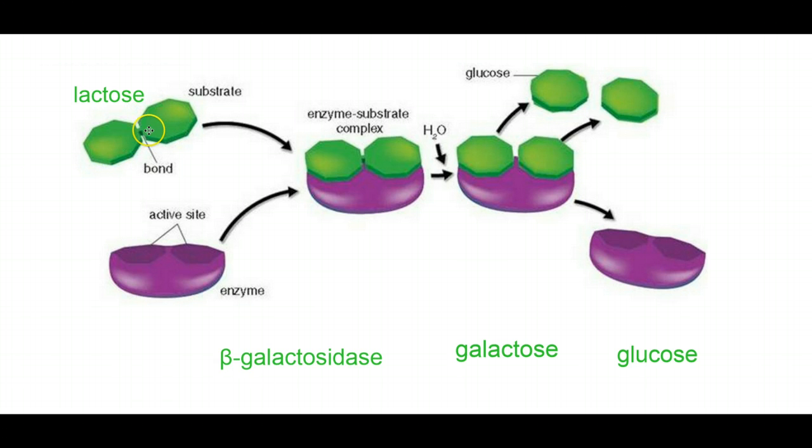And because there's two units bound together, we can call lactose a disaccharide. So this is an example of a disaccharide. It's a molecule found in milk. And if you've ever heard of people who are lactose intolerant, it's this reaction that I'm about to show you that they're not able to do.